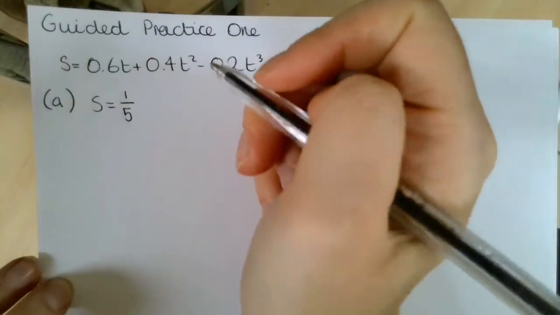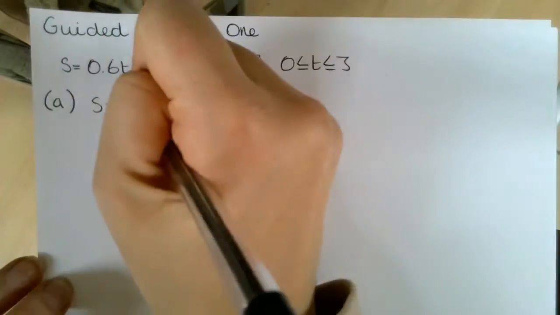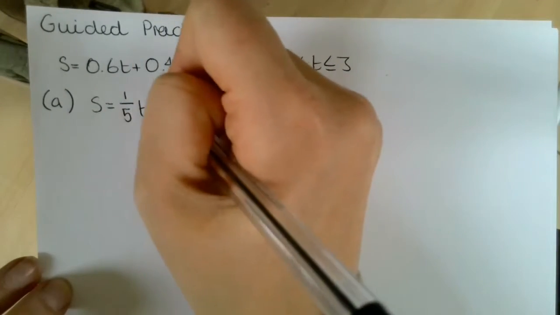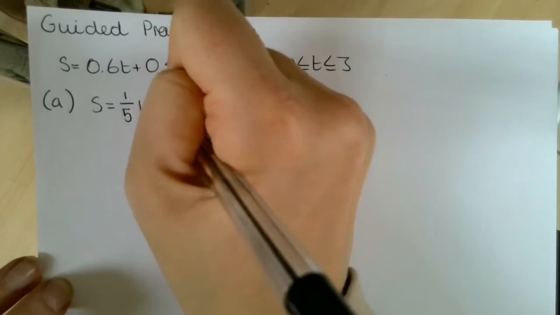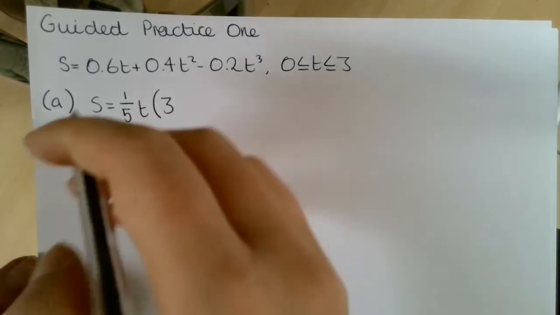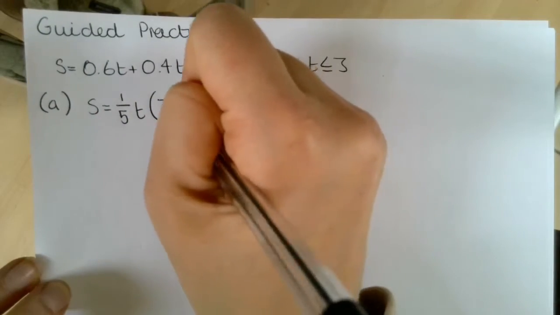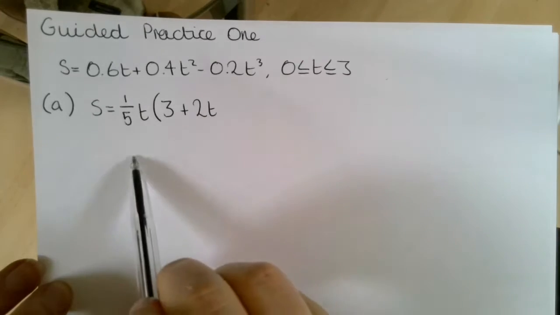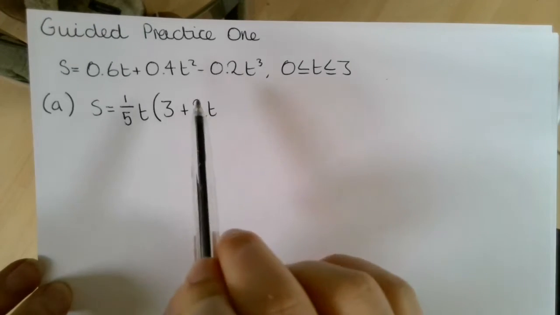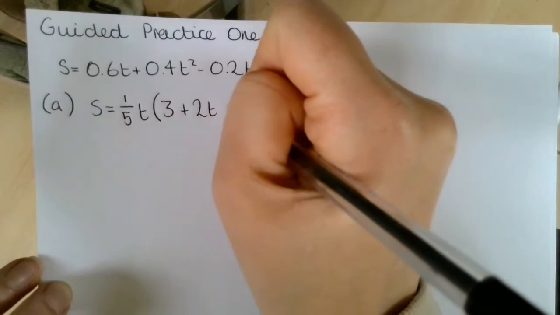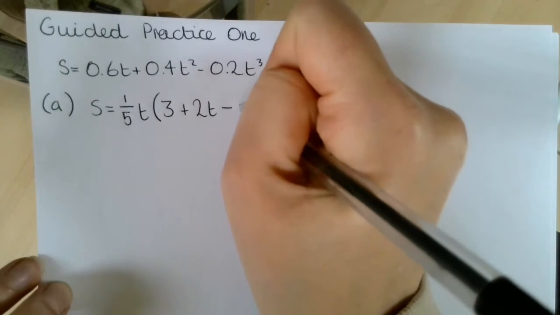So we've got a fifth, we've also got a common factor of t, and then we've got a fifth t times 3, that will give us 0.6t. A fifth t times by 2t, that will give us 0.4t squared, because 0.2t times 2t is 0.4t squared. And then we're going to subtract t squared.